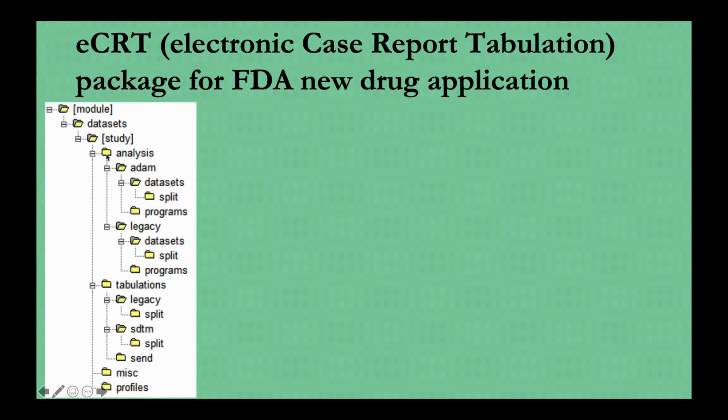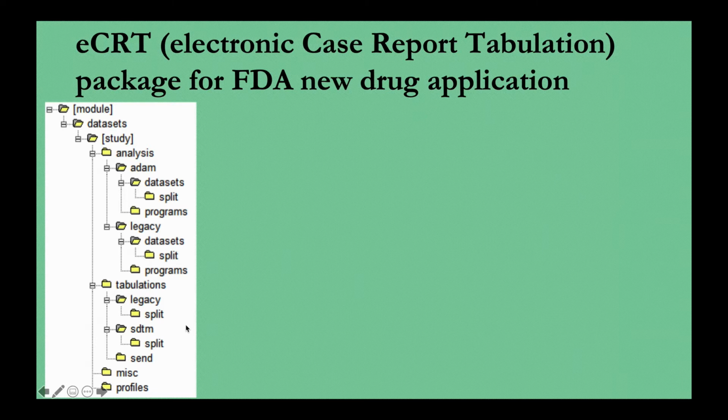If your dataset is CDISC ADaM compliant, then you will put your dataset under analysis. If your dataset is a legacy dataset, you will put it under legacy here. For your SDTM dataset or raw dataset, which are tabulations, you will put it in either this folder or this folder.